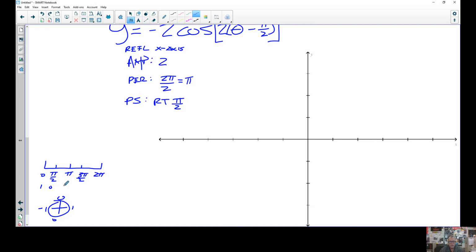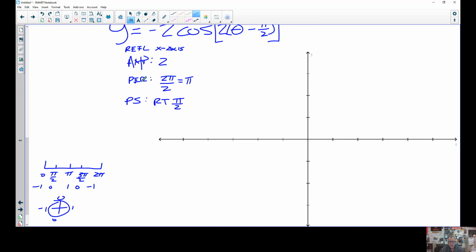So this would be 1, 0, negative 1, 0, and back to 1. All right. We have a negative, so these are all going to become opposites, right? So now this would be negative 1, 0, 1, 0, and negative 1. All right, so opposites of all those.